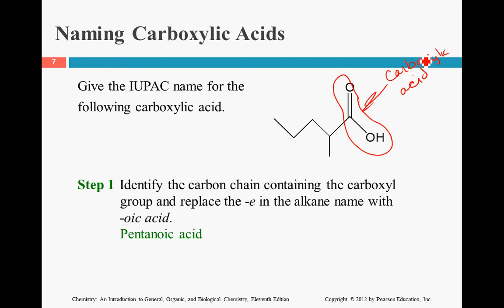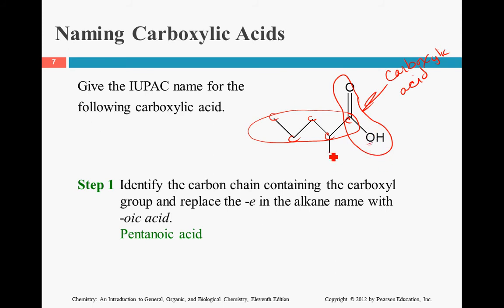As always, you're going to find the longest chain. Carbon, carbon, carbon, carbon, carbon. We haven't seen this form of drawing it for a while. So remember, every time it bends and every time it ends and there's no letter. This one is not a carbon, it's an oxygen because there's a letter out here.